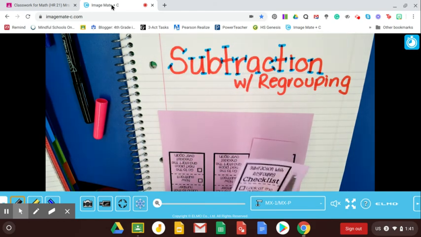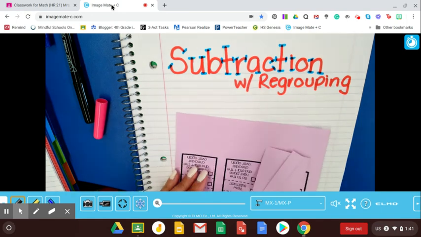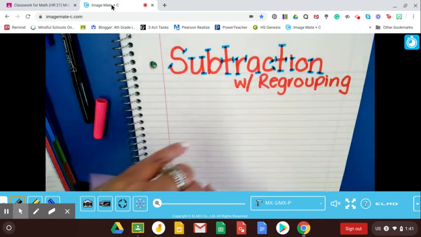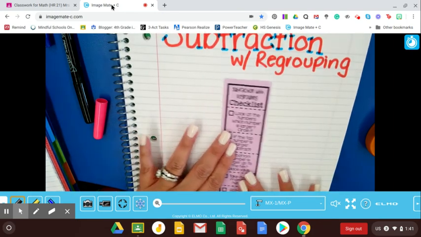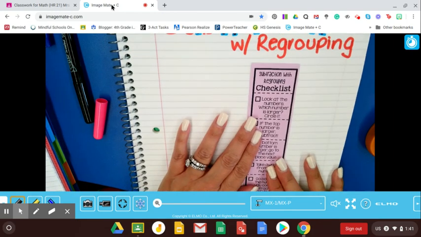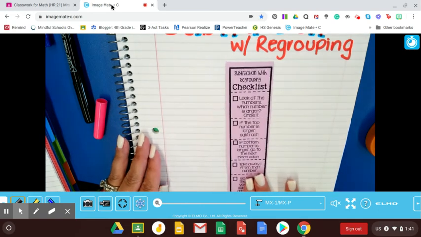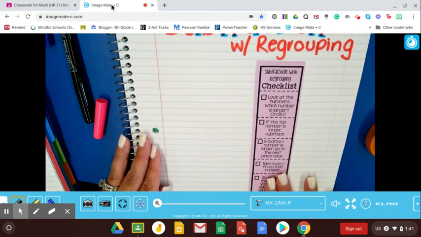Remember, if I'm going too fast, just pause that video. So I have my little checklist, and I'm going to want to glue it in a little bit more to the right. Like so, this would be centered, and I'm just going to move it over a tiny bit.